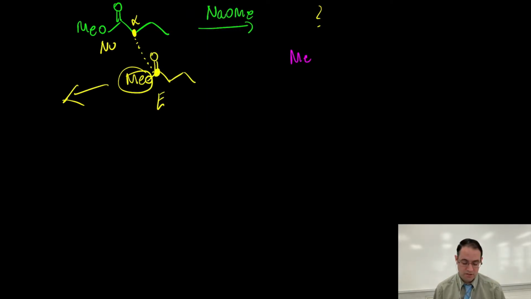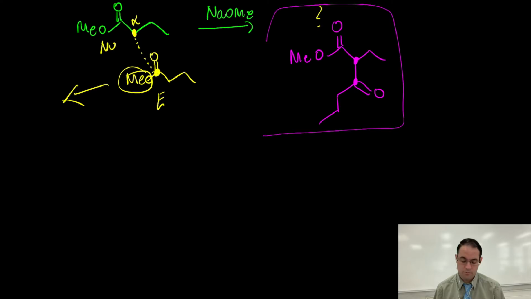So the product you're going to form here, if I can use dots again to help orientate our eyeballs, this carbon is going to be connected to that carbon of our ester, which changes to a ketone when you kick off methoxide, okay? So you're going to form that molecule right there, okay?